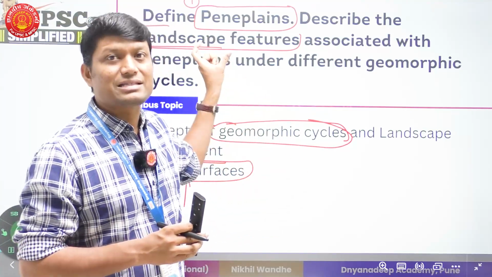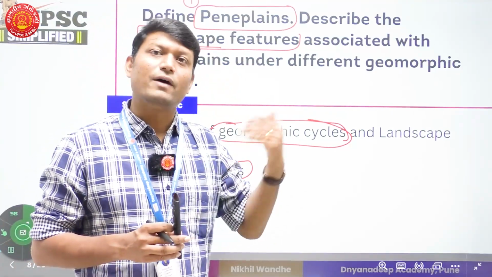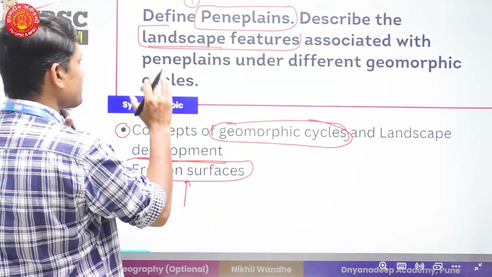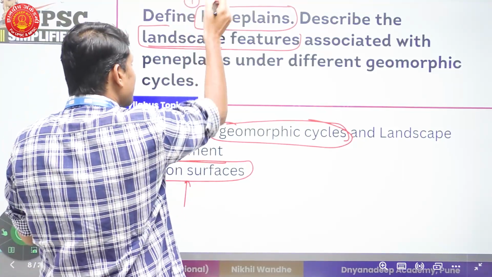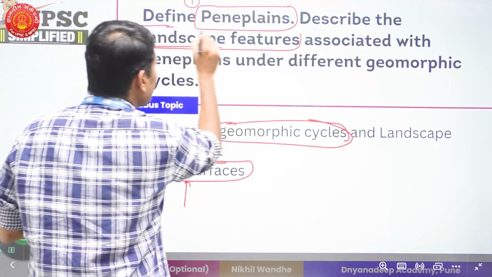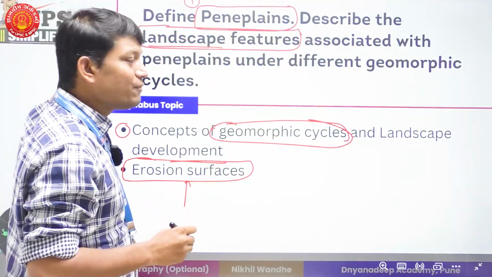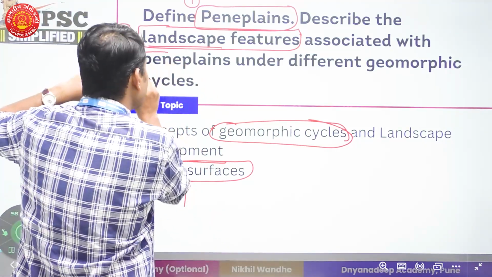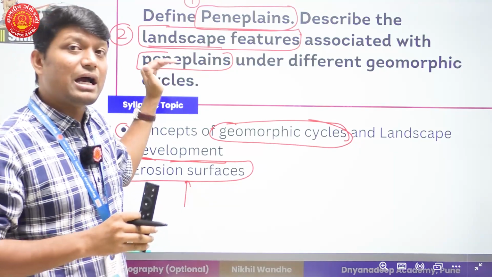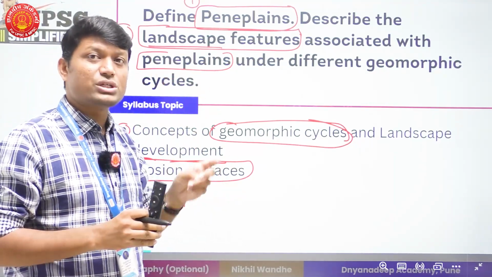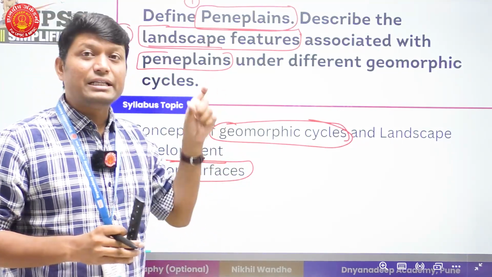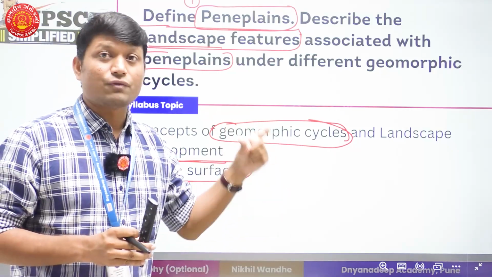And that is why these landscape features are very important when it comes to the final stage of the erosional cycle or geomorphic cycle, right? So that is something you are supposed to bring in here. So first define what peneplains are, and then the second part of the question is you have to identify landscape features associated with peneplains. Now when I say landscape features associated with peneplains, I am simply suggesting that this particular question is simply asking what landscape features we have in the final stage of the geomorphic cycle.